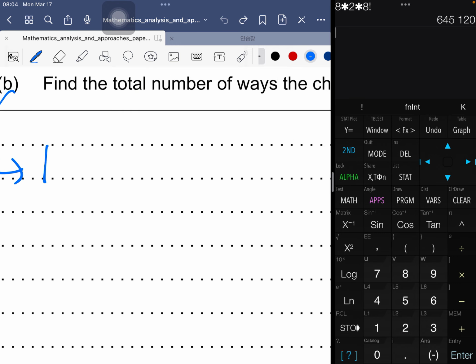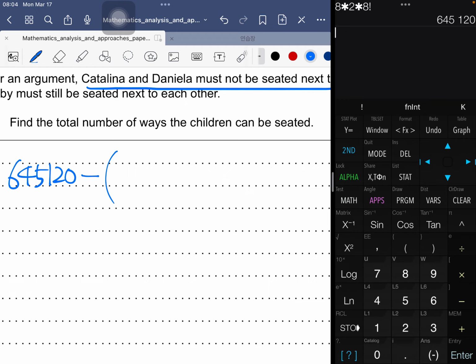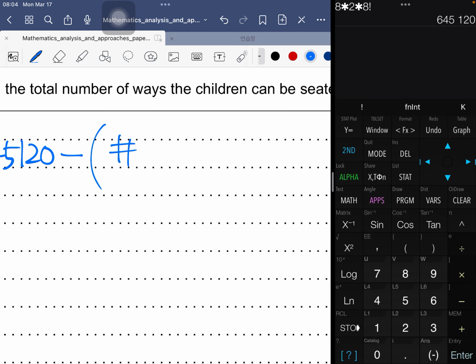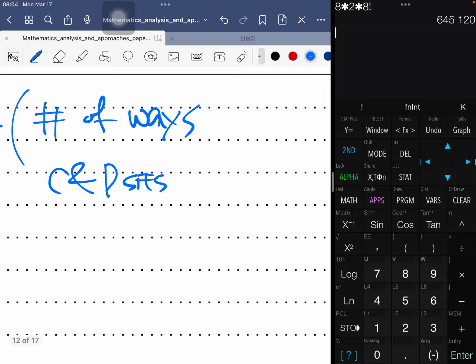645,120 minus the number of ways C and D sit together.